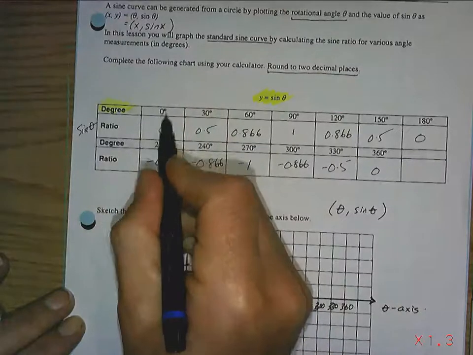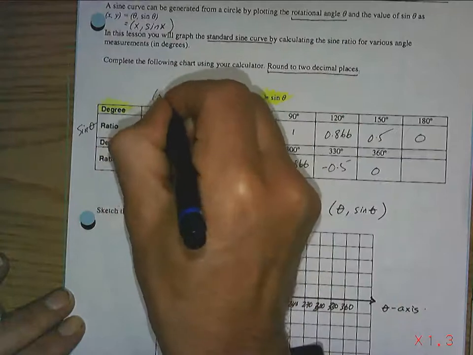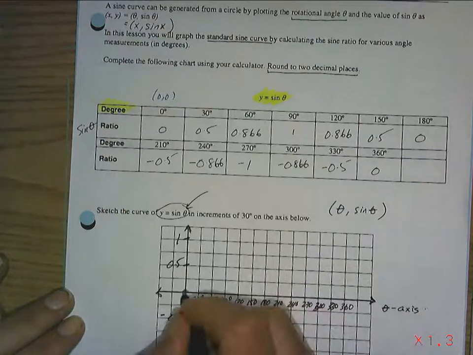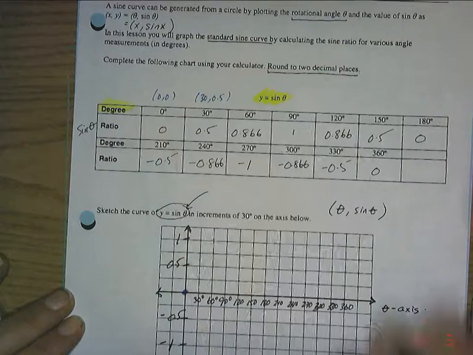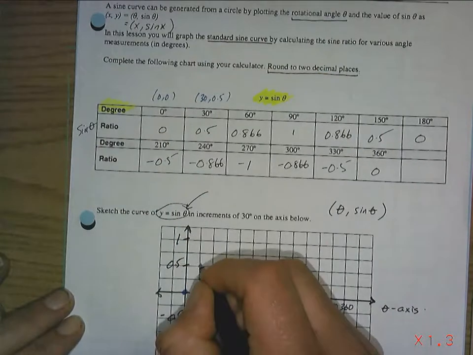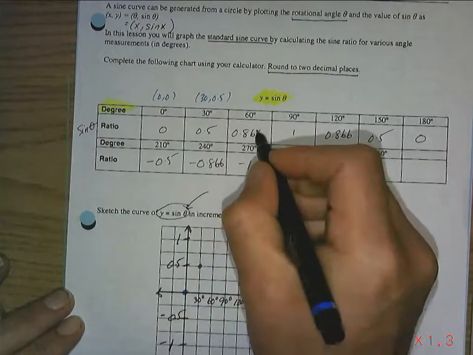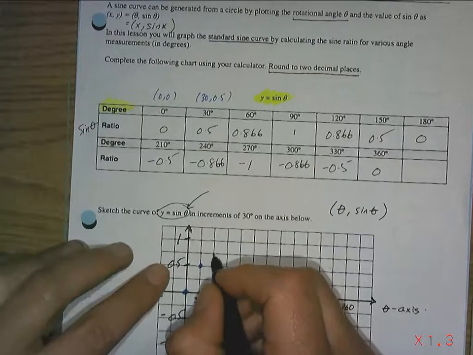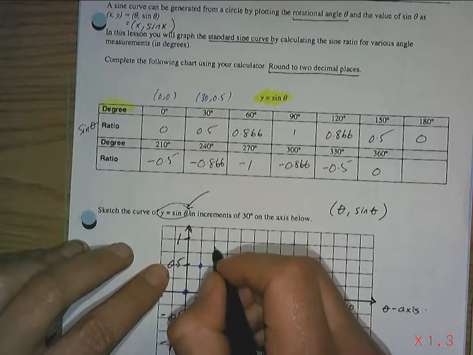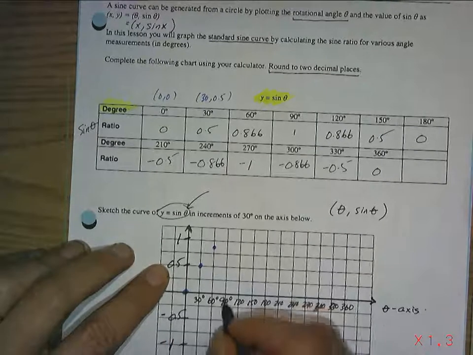So this is the point 0 degrees 0. So this will be 0, 0. That's right here. This one will be 30 degrees 0.5. So that'll be here. This one will be 60 degrees 0.8. Well, let's see. That would be 0.75, so 0.86 might be somewhere in here. 90 will take me to 1.